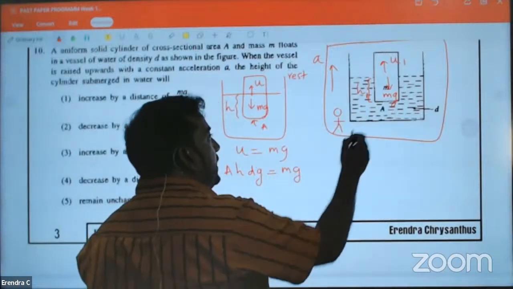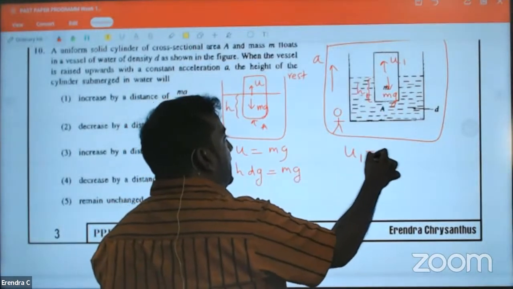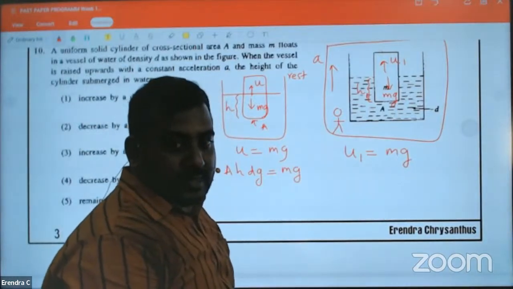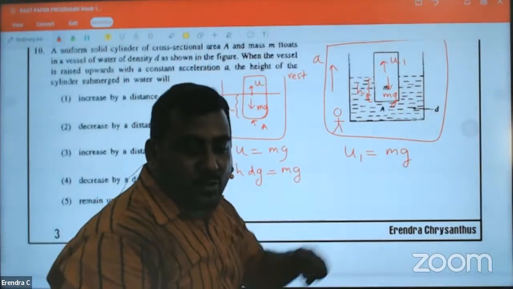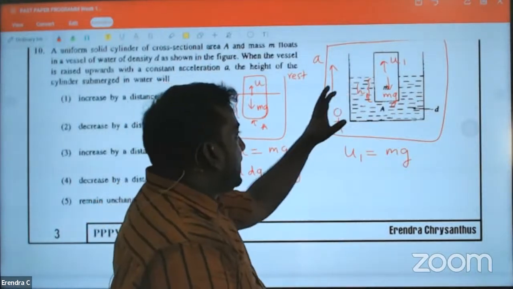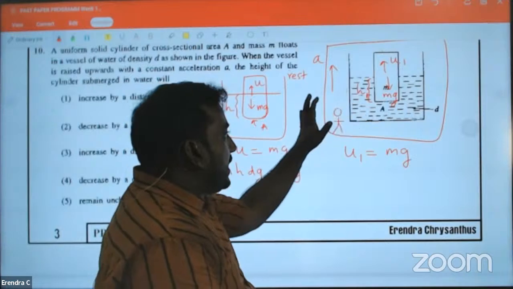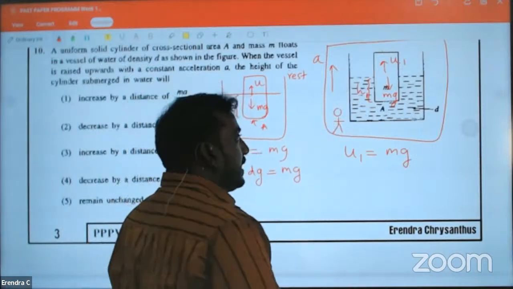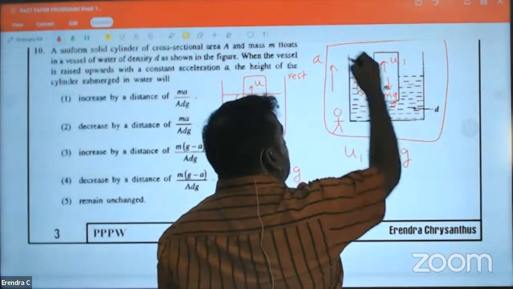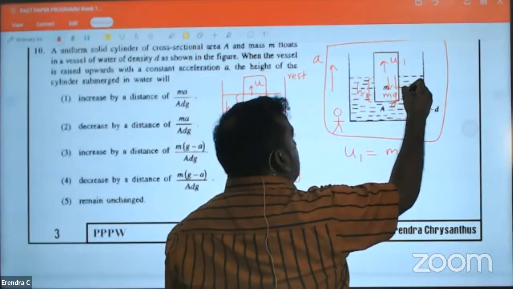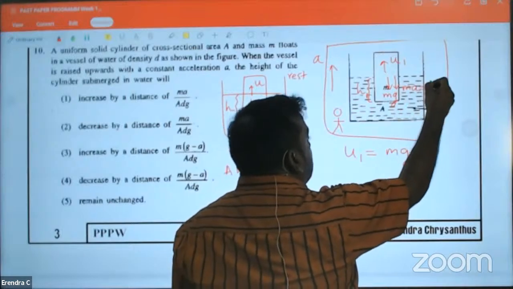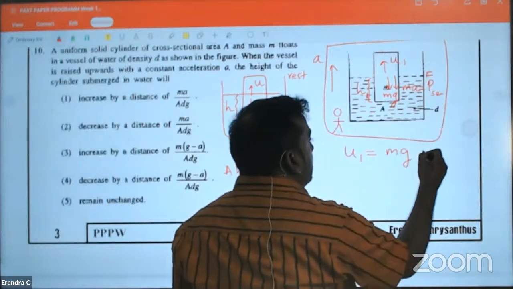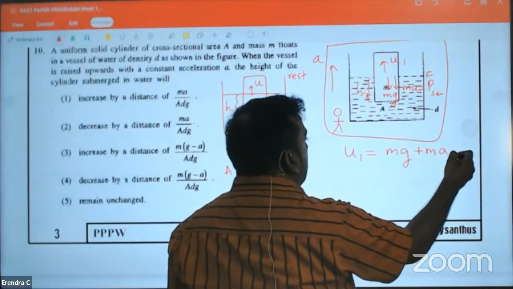The sum of forces upward balances the sum of forces downward. But when you are inside the lift, you experience a pseudo force downwards, plus MA.